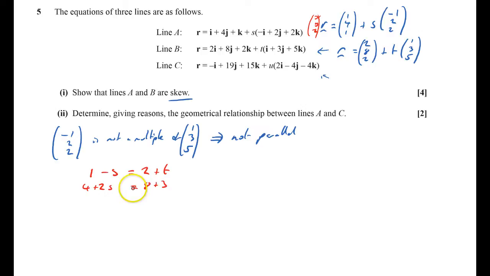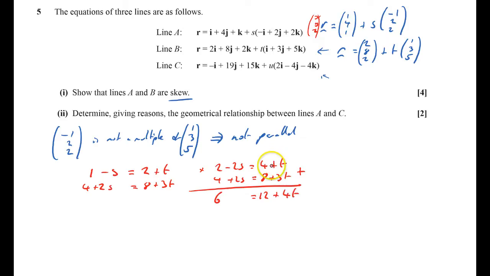I'm going to do it by elimination. If I double the top one, that'll give me 2 minus 2s equals 4 plus t. I'll write this one down again. I get 4 plus 2s equals 8 plus 3t. If I add those together, the s's will disappear, and I get 6 equals 12 plus 4t.